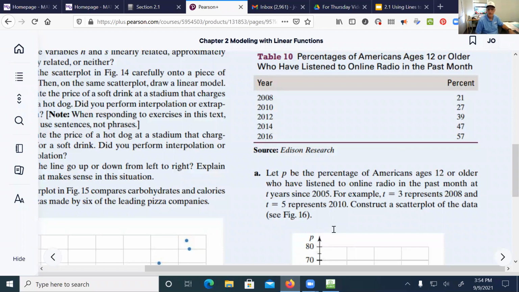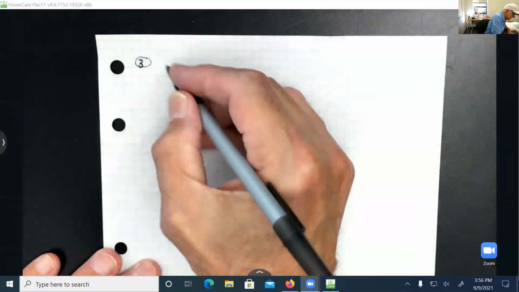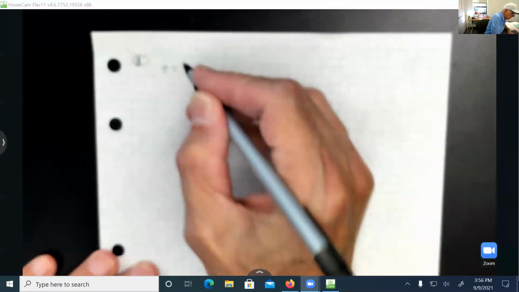And let's define our variables. We are going to be making a scatter plot, so we are going to need to graph this. So you need to take out a piece of graph paper. So over on our graph paper here, T equals years since 2005.